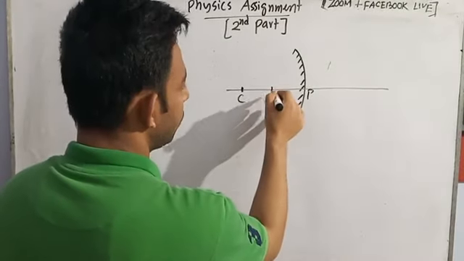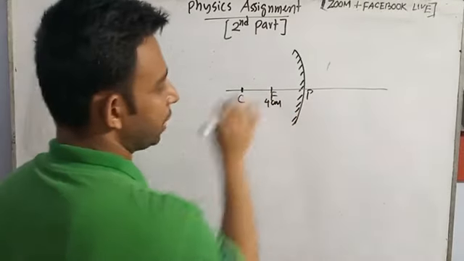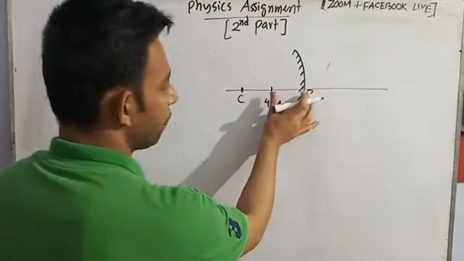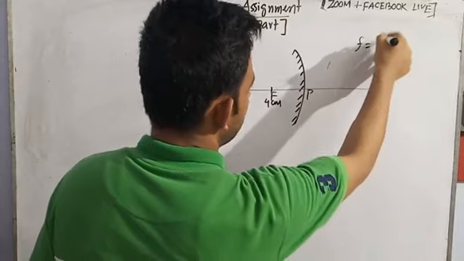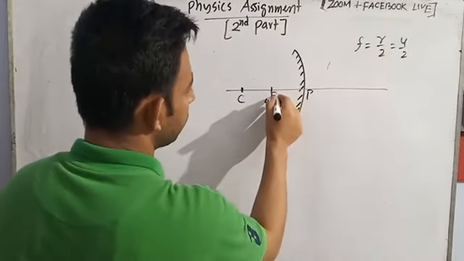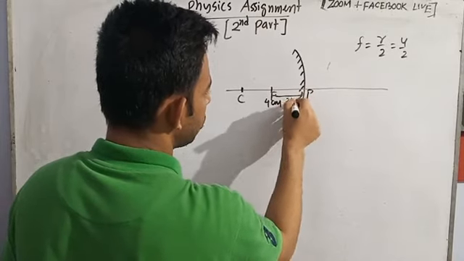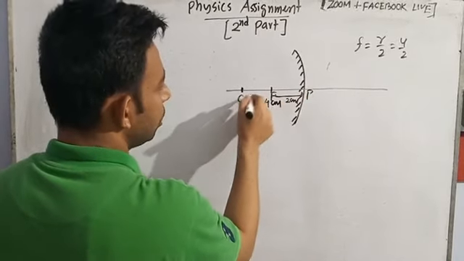But if we count almost at the middle, that is the main focus, so the main focus value is the radius divided by 2, 4 divided by 2. That means this distance, the focal length, and this one is 2 centimeter.